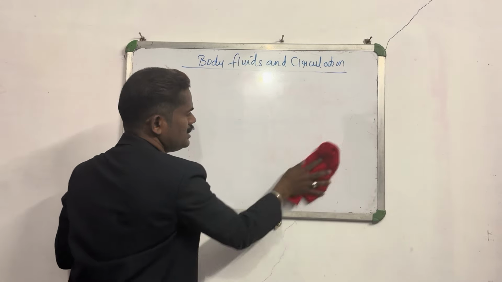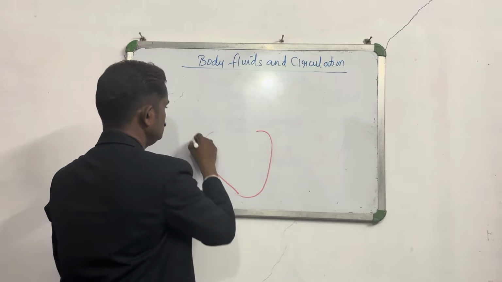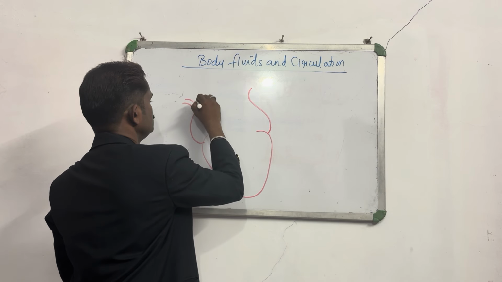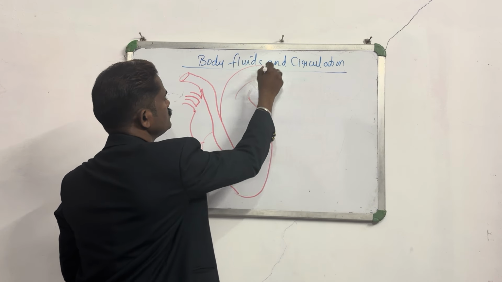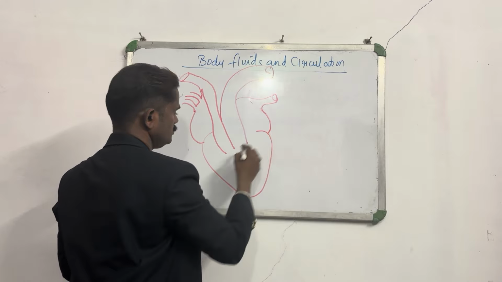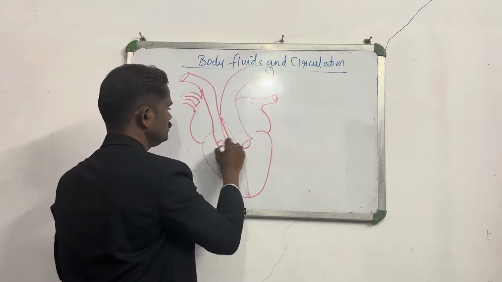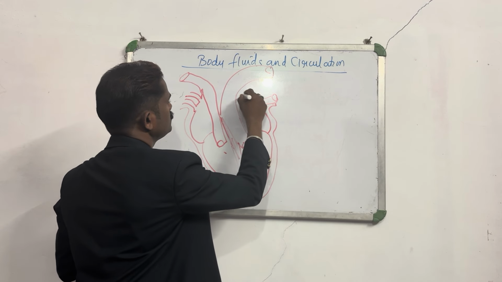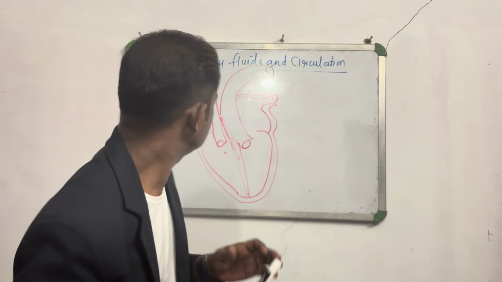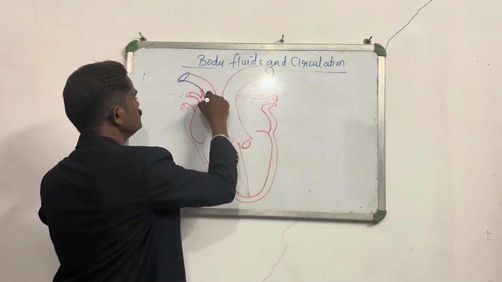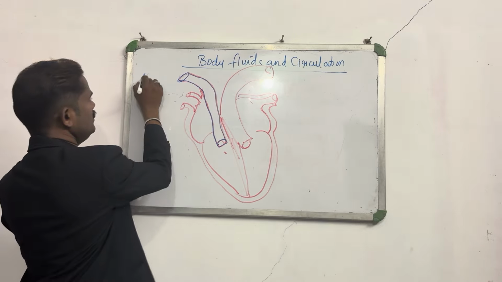Then when we come to the internal structure of the heart, it shows four chambers; this is the right side and this is the left side.